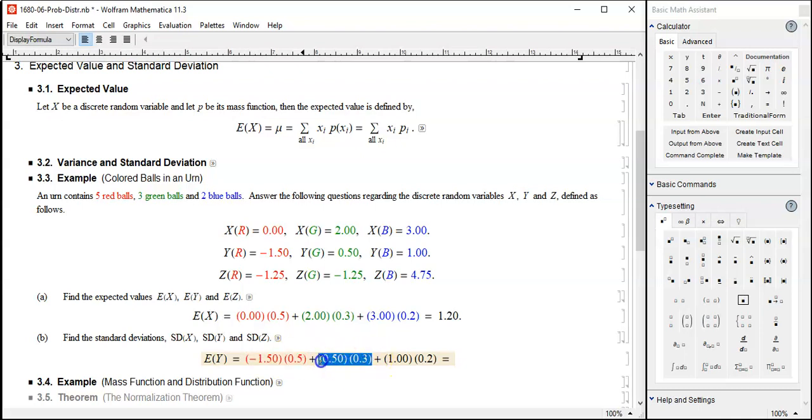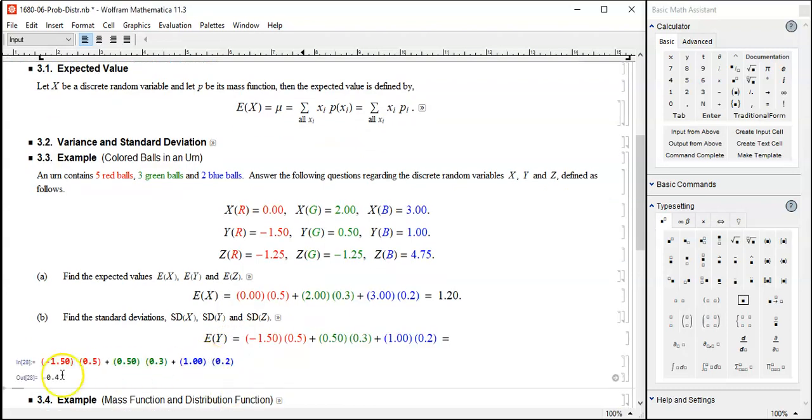R, G, B, and this computation yields, if I remember correctly, something negative.